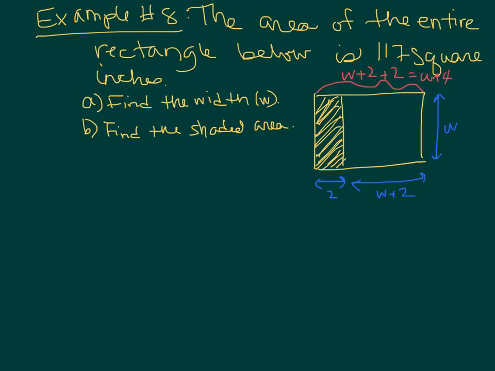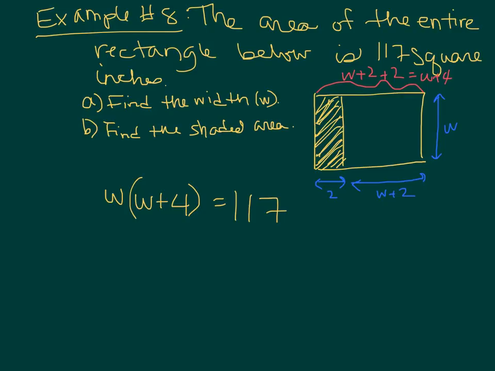So then my total area, which I know is 117, I'm going to write as that width, which is just plain old W, times the length I just wrote out, that W plus 4. Since I know that's the area, I'm going to write it out like that.